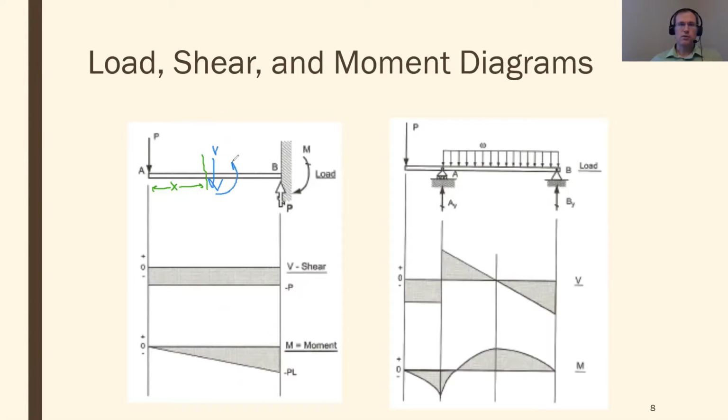And I have a bending moment, again in the positive direction, counterclockwise. Then I'll get V as a function of x. What I'll find in this case is that it's just a constant equal to negative P. And then I'll find my bending moment, which is a linear function that starts off at 0 and ends up at negative PL. So those are my shear and bending moments for that one.